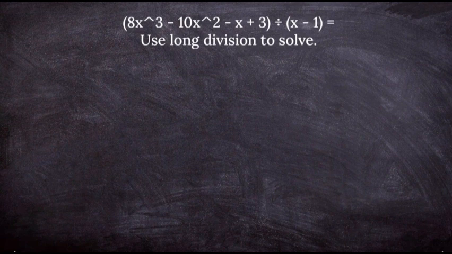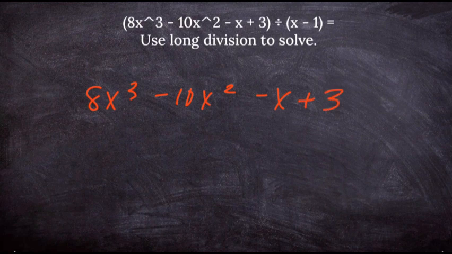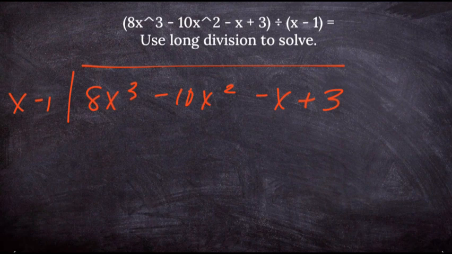Alright, we have 8x to the third, which is the dividend, minus 10x squared minus x plus 3, divided by x minus 1. Alright, so in polynomial long division, we are going to first take a look at our first two terms, x and 8x to the third.